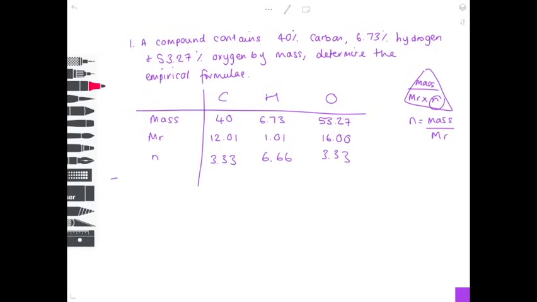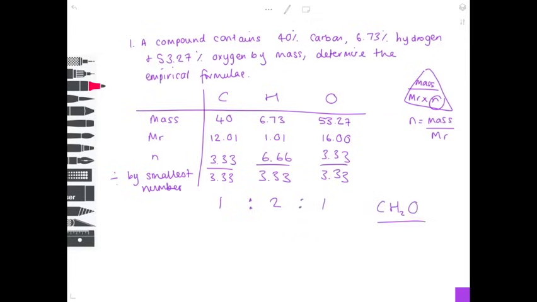And now at this point, you want to have a look at those 3 numbers and then choose the smallest one and divide all the values by the smallest number. And as we can see, that will be 3.33. So we're dividing every single value by 3.33 to get our ratio of 1 to 2 to 1. Now don't forget to answer the question. We're looking for a formula, so we have a final formula which is CH2O.